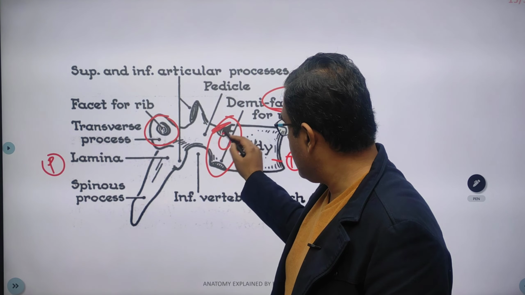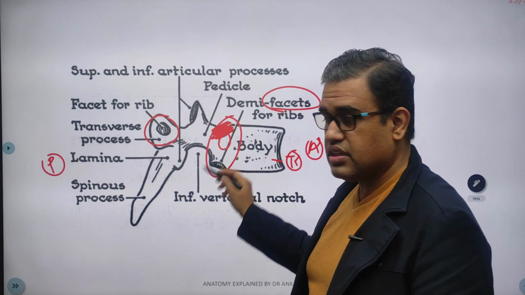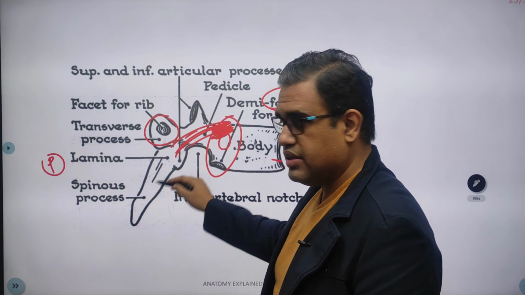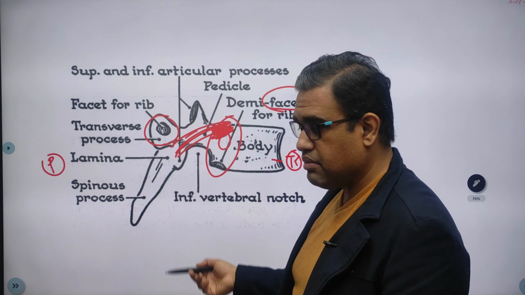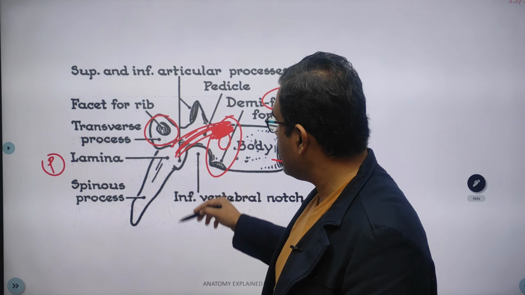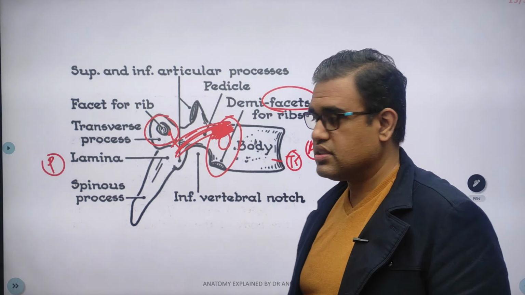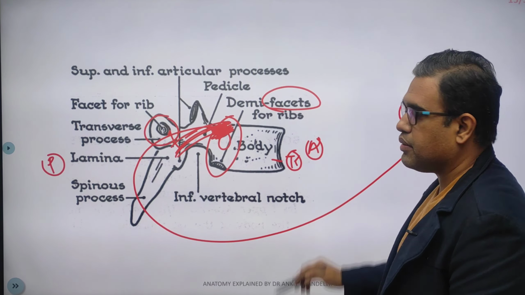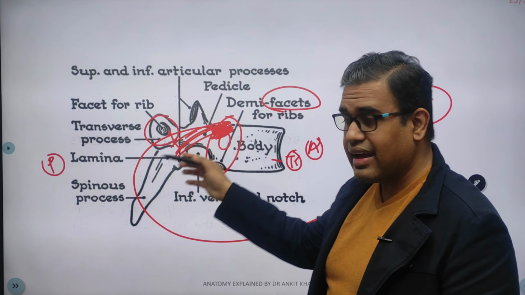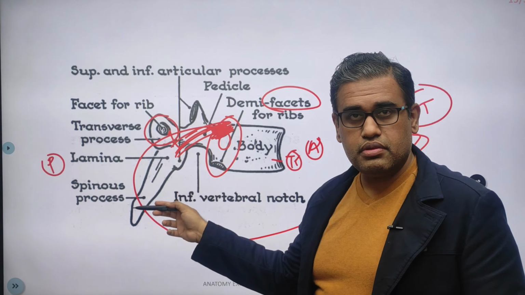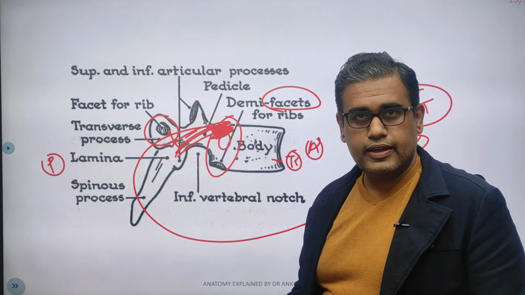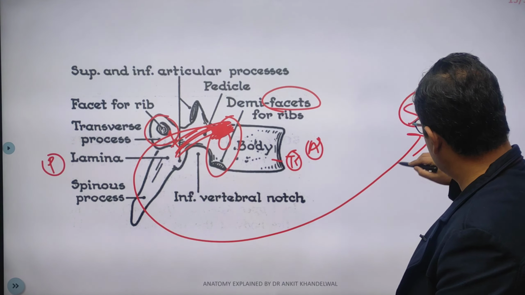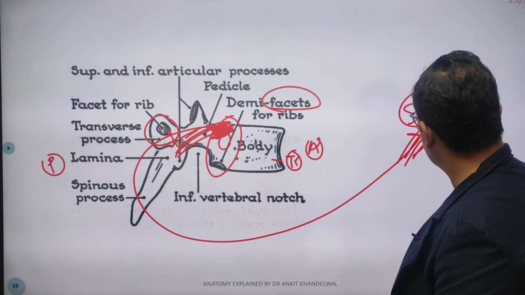The head of the rib articulates over here, 5th rib, and then it will move first backward, and in the rib we have a tubercle that will articulate at the transverse process. Then it will curve forward like this, going to the sternum. So the rib first goes backwards from the head, the neck of the rib, and the neck has a tubercle over here. Then it will rotate around, then it will come forward. And forward you have a cartilage that will attach to the sternum.